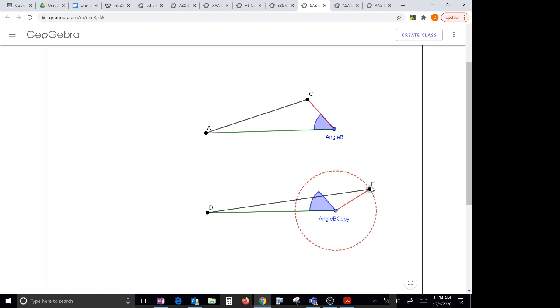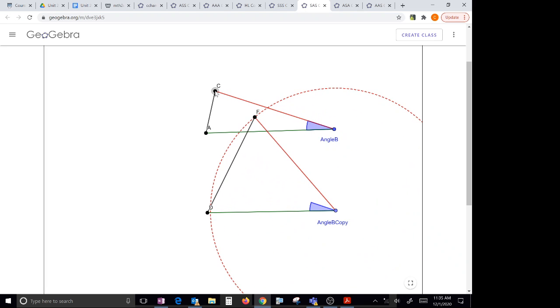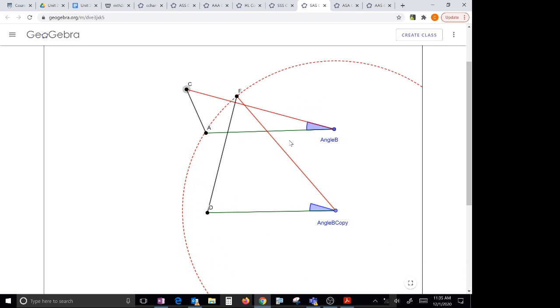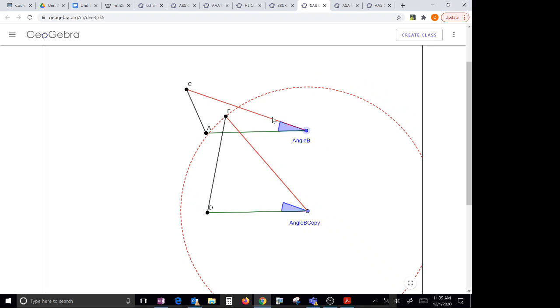So this length here, if I adjust it so that it matches the same angle, you'll notice we get an exact copy again. And it doesn't matter how I change my original shape. Again, if I match that angle and these two sides are the same, we're always going to get an exact copy of our triangle.